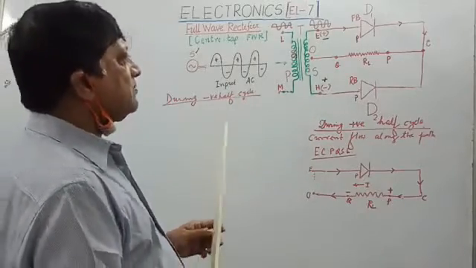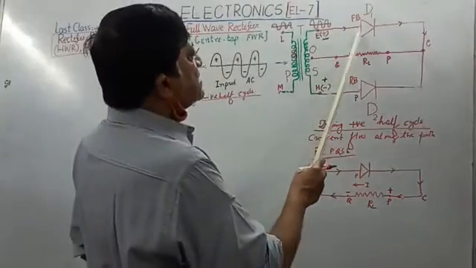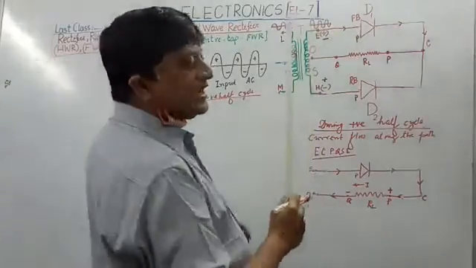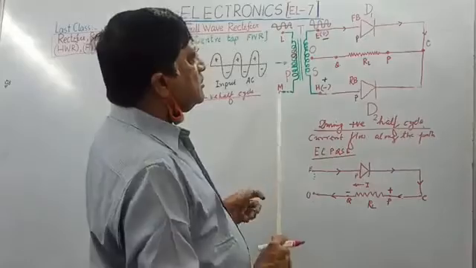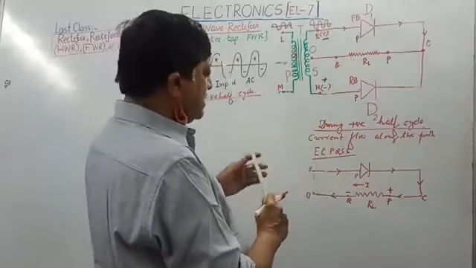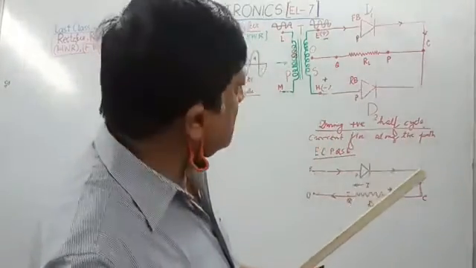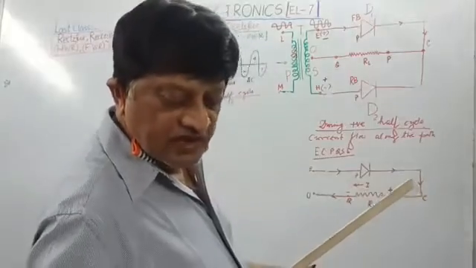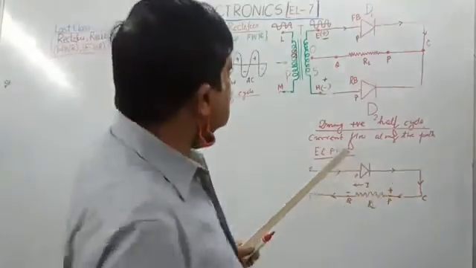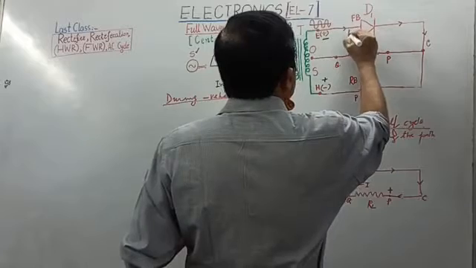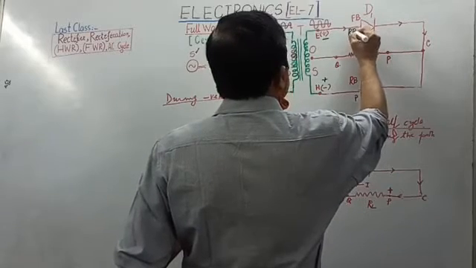Due to this, P is now connected to a negative voltage point. So what will happen to it? This will be reverse biased. So that was forward biased, now it will be reverse biased.